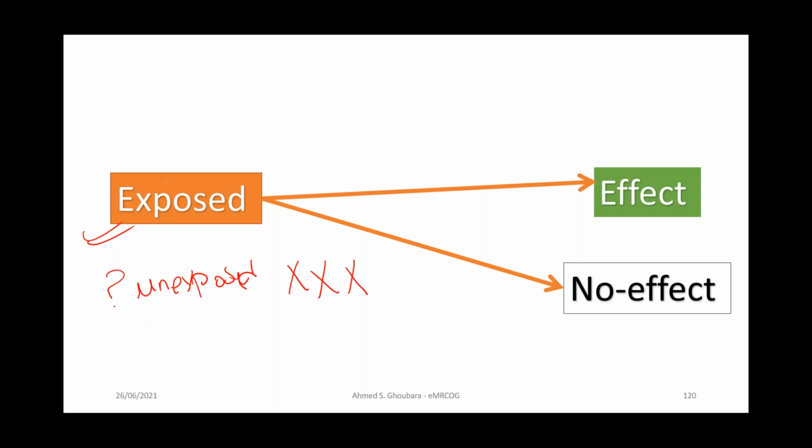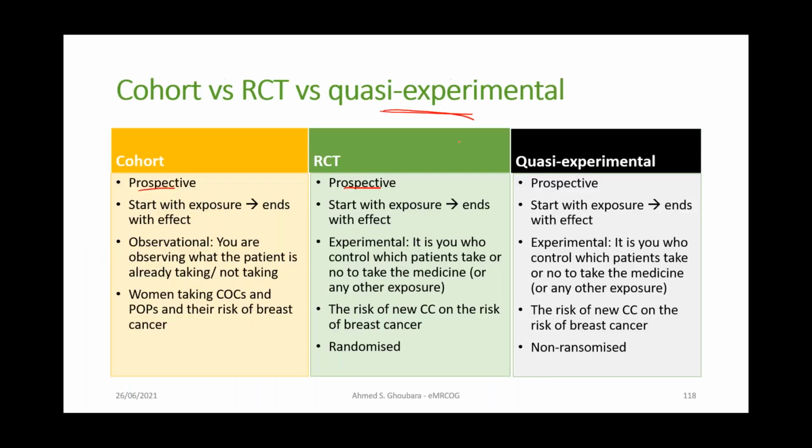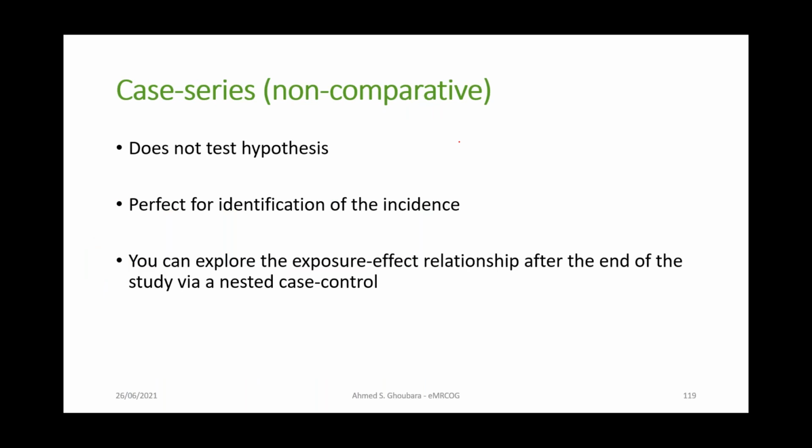You start with a single group and end with effect or no effect, no comparison, and you study it over time. This is actually very commonly used in medicine. They don't test a hypothesis; it is the perfect way to identify incidence, and you can explore the exposure and the effect.